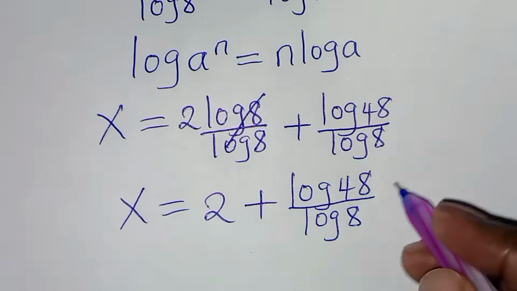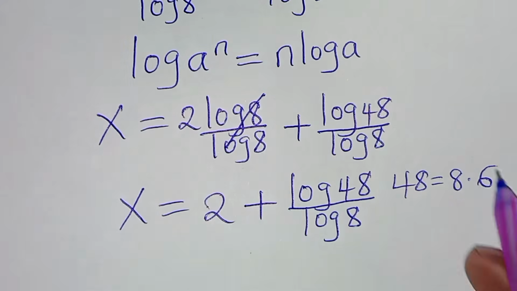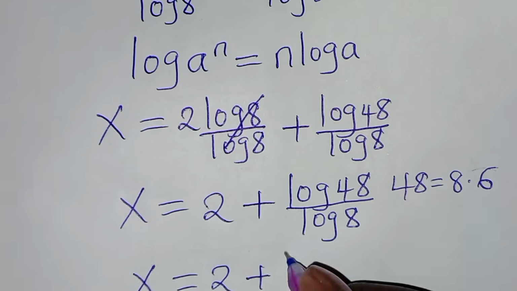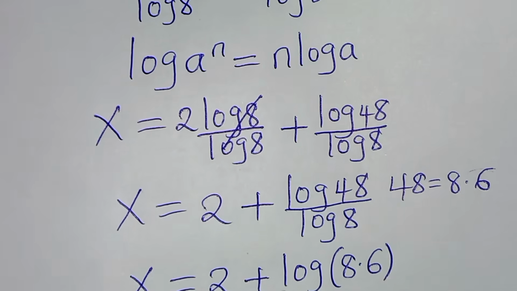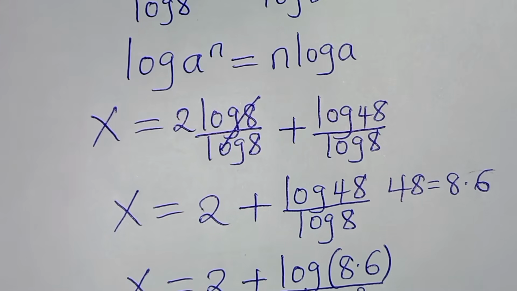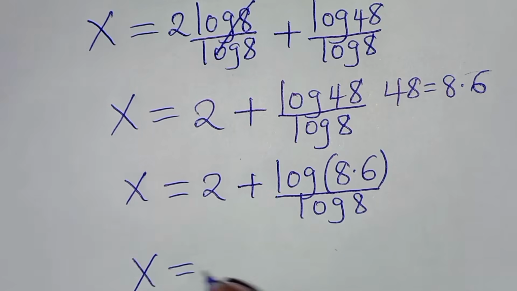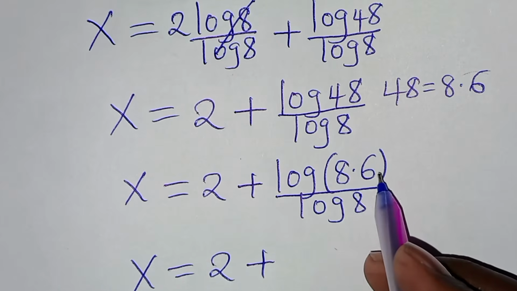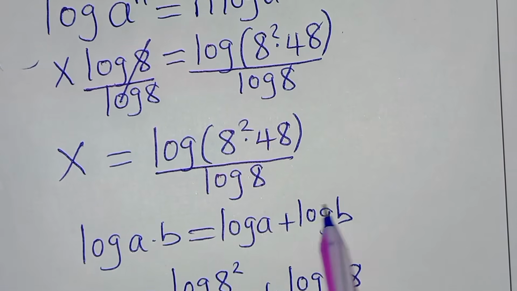The next step is that we can express 48 as 8 times 6. Let's substitute this so that x is equal to 2 plus log 8 times 6 divided by log 8. This is actually in the form of log a times b, which you can express as log a plus log b.